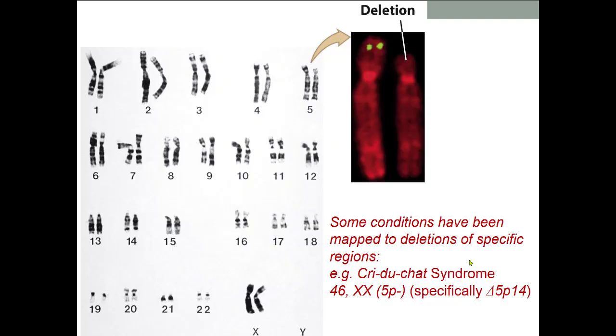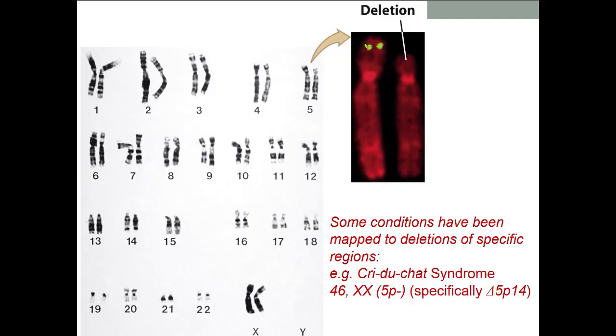The sound made by this human individual when they're an infant sounds like a cat's sort of screeching or meowing. This could be represented as 46, in this case, XX, female, and then 5p negative, so showing us we have a deletion on the 5p arm. Or we could say specifically delta 5p14. Depends on when you were talking about it as to how good your resolution was.